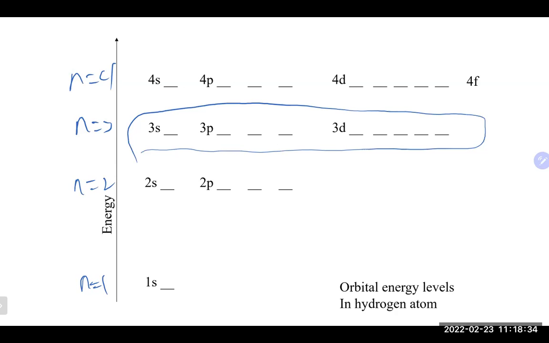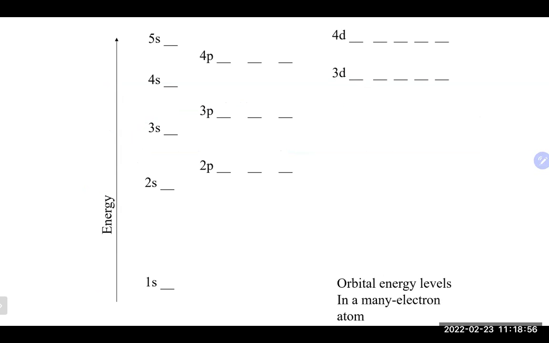When we start getting a lot of electrons involved, electrons are negatively charged, which means we have negative things near negative things, which don't want to be near each other. It actually affects the energy of these orbitals, and we get a change in where these orbitals end up. As you can see, as we move past one electron, we no longer have everything on the third energy level at exactly the same energy.